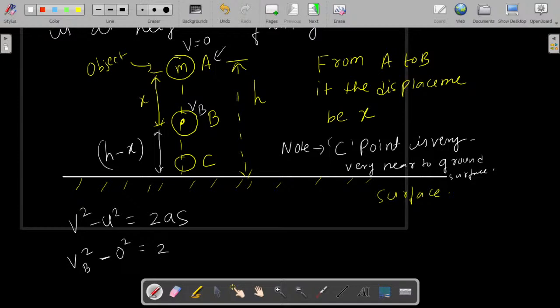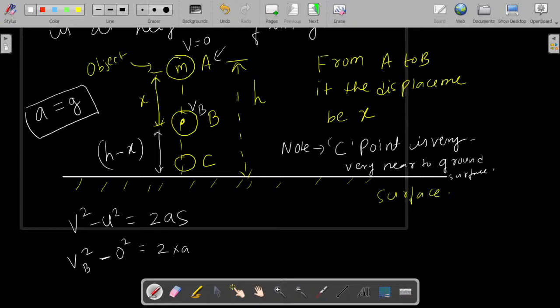A is acceleration. Here the acceleration is due to gravity only. Here the velocity is changing due to gravity only. If there is no gravity, velocity will not change.